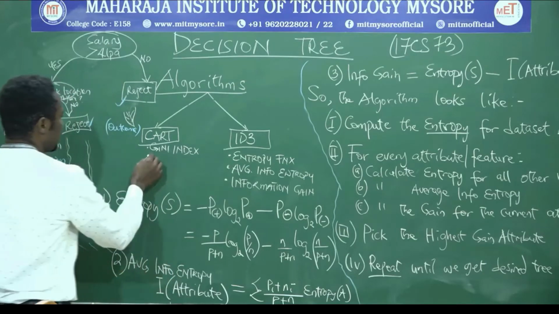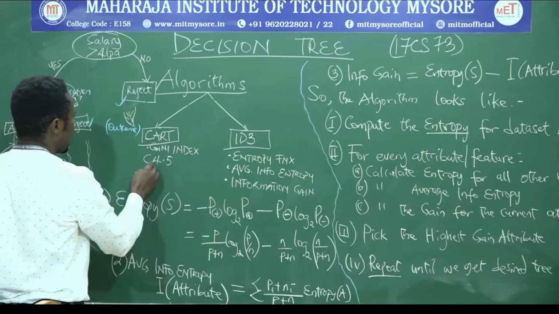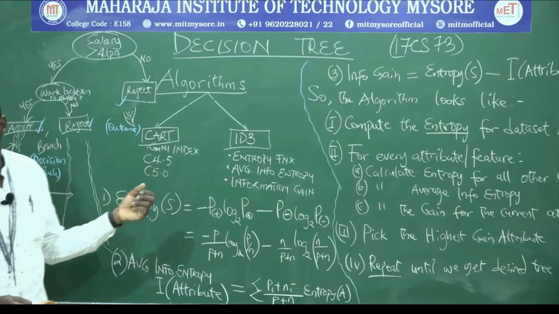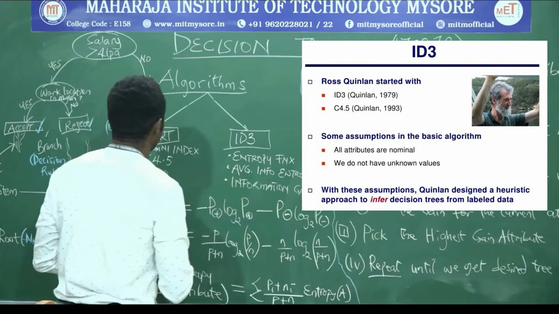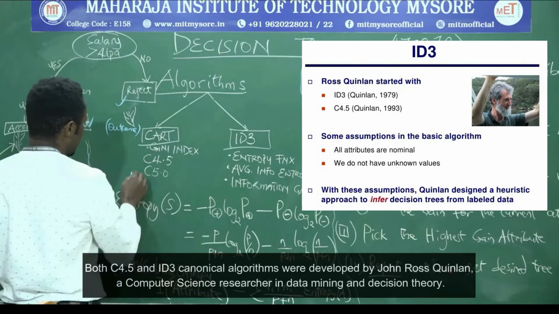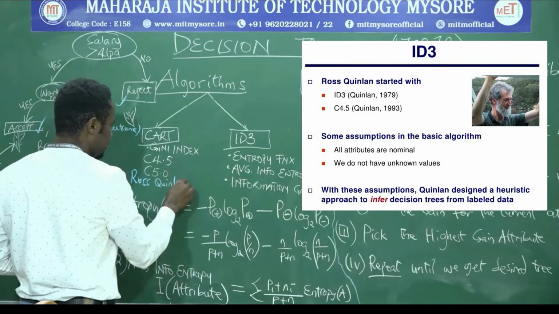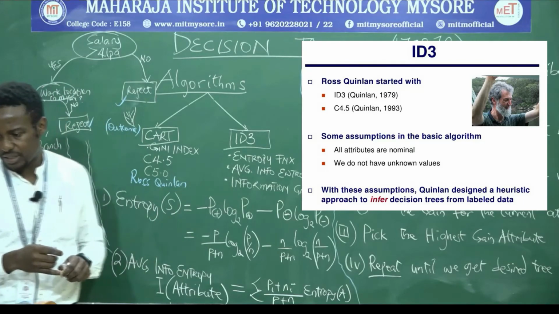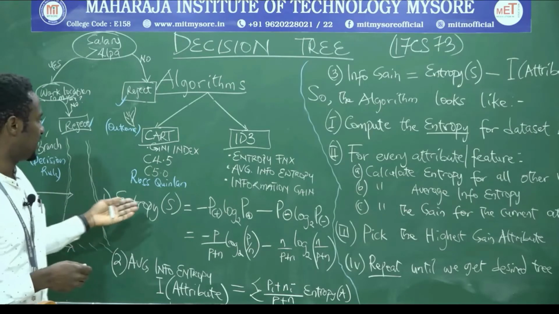We also have C4.5, where C stands for classification, and we also have C5.0. These are a series of algorithms developed by Ross Quinlan, R-O-S-S. Ross Quinlan developed these algorithms that we use to generate a decision tree from a sample data set.